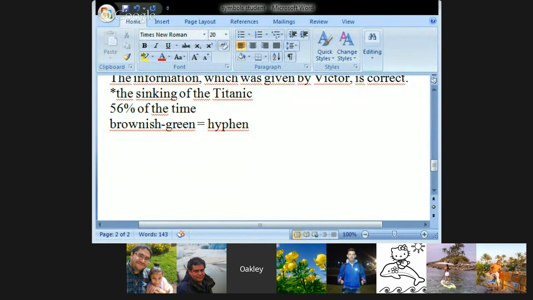Okay, the dash can be used very much similar to our parentheses and our relative clause to set off a separate piece of information. All right, it can be used for that. We use a longer dash when we want to give a quote.